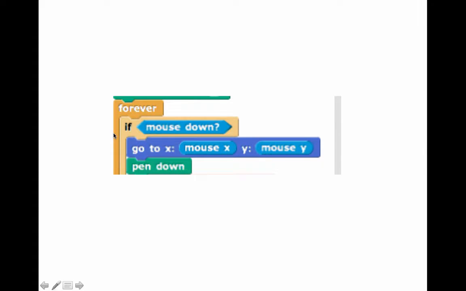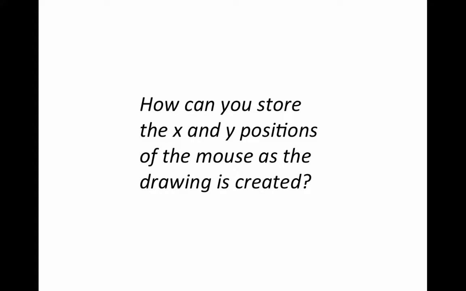This is so because the computer needs to be constantly checking whether the mouse is down or not. So this might be a counterintuitive notion that something is going to be run forever, but the computer needs to be in constant vigilance as to know where the mouse is, as well as whether the mouse is down or not.